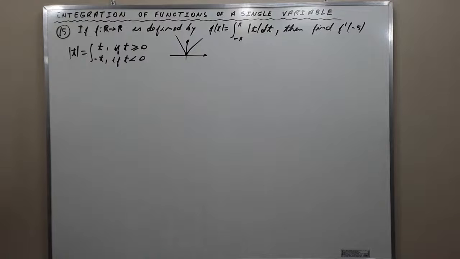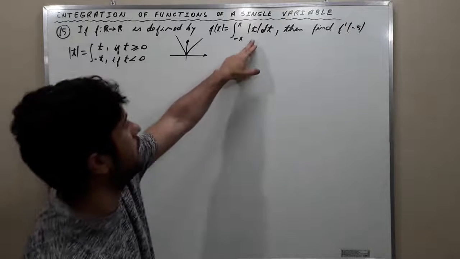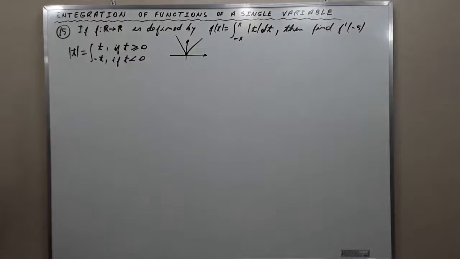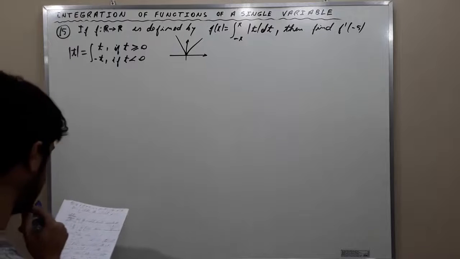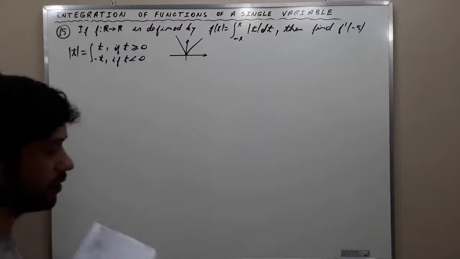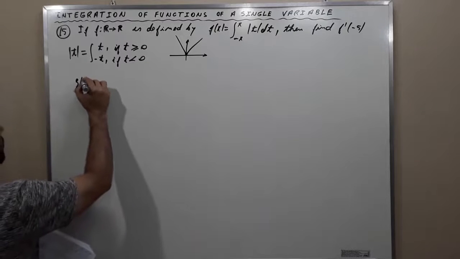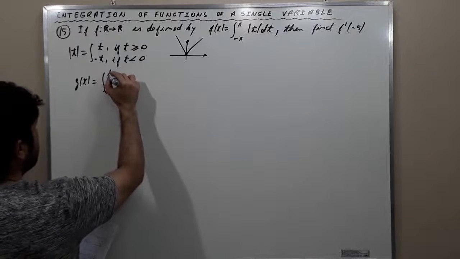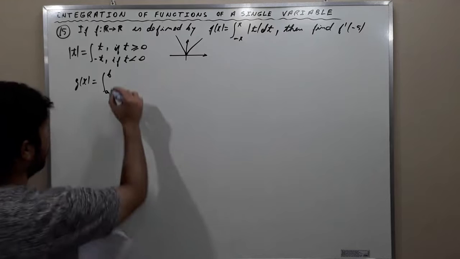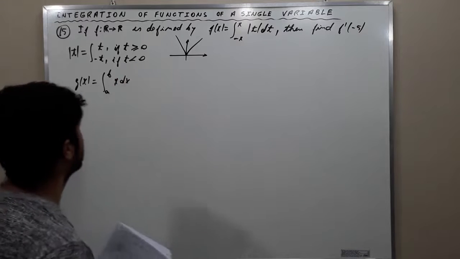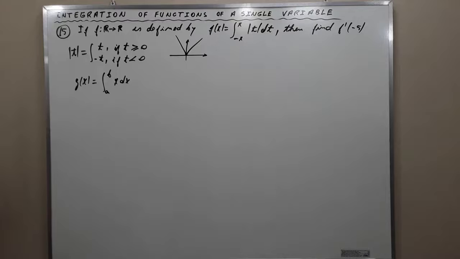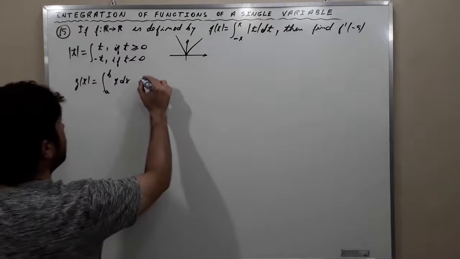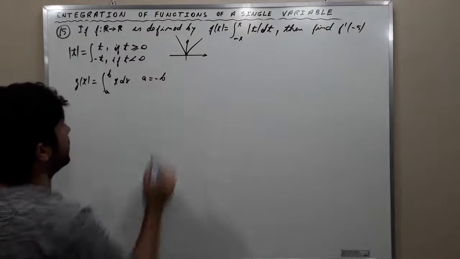Now let's inspect some properties of the modulus function that will allow us to calculate this integral. But before doing that, let's understand this integral here. G of x equal to the integral from a to b of x dx, with a detail: a is the negative of b.